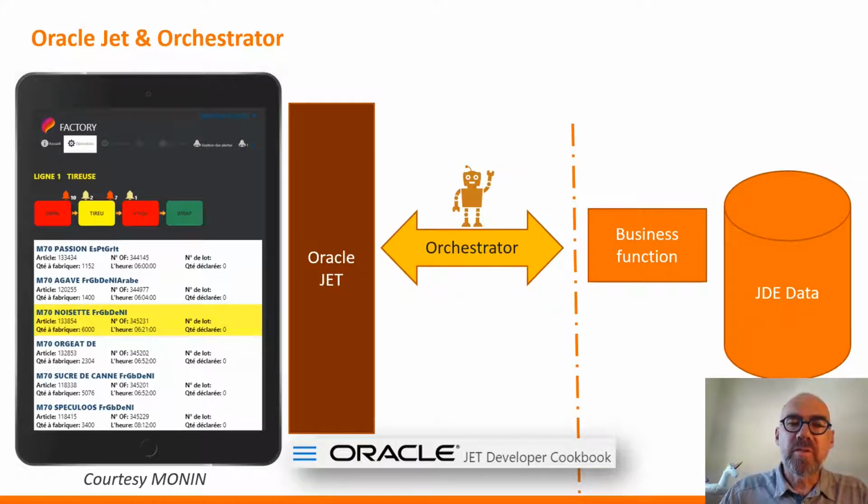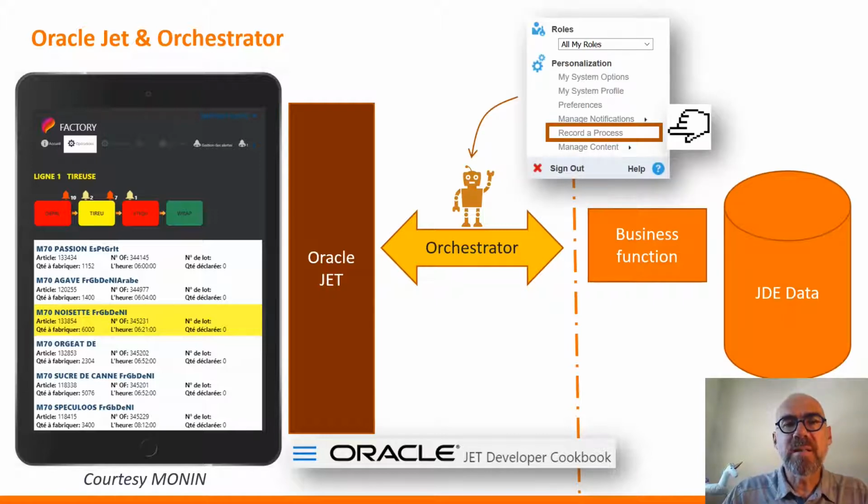It is not the purpose of this video to detail the Orchestrator implementation, but you can just bear in mind that in the most recent versions of JDE, you have access to the process recorder that generates this kind of macro. We are almost finished with this first part.